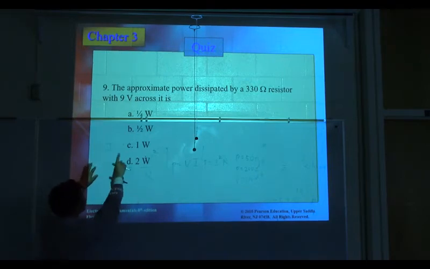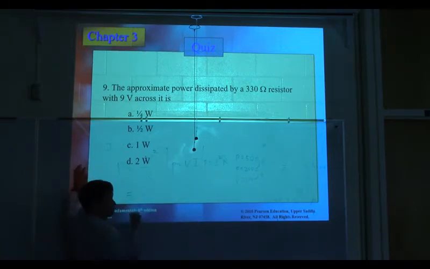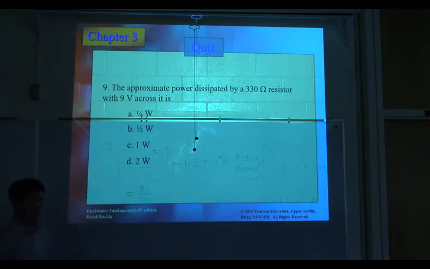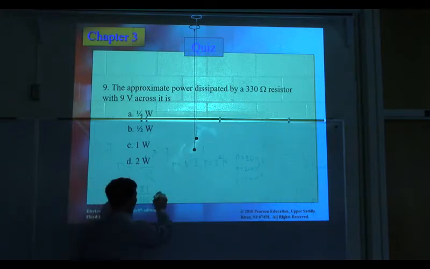Alright, so now our question is the voltage equals 9. So 9 squared equals 81, then divided by 330. The calculator gave me 0.24545, so 0.24 something.